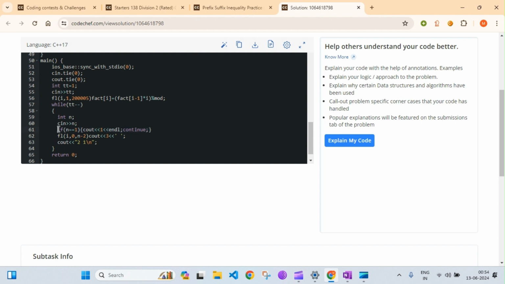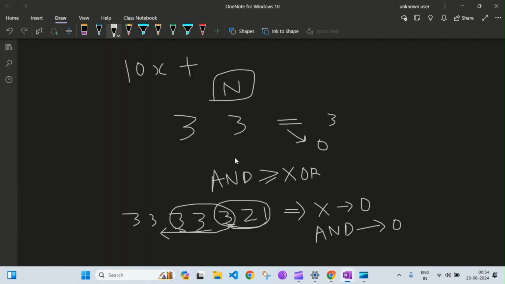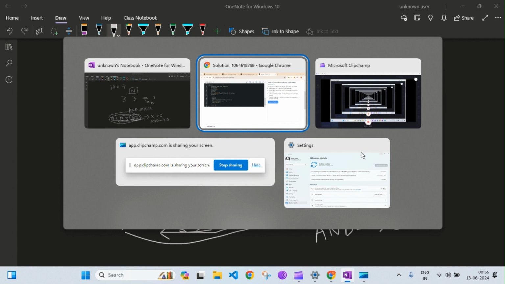And if n is greater than 1, then for the first n minus 2 numbers, you print 3, and the last two numbers as 2 and 1, like I showed you in the example here. So this will be the format. For n minus 2 times, you just print 3s, and for the last two, you print 2 and 1. And that's it.